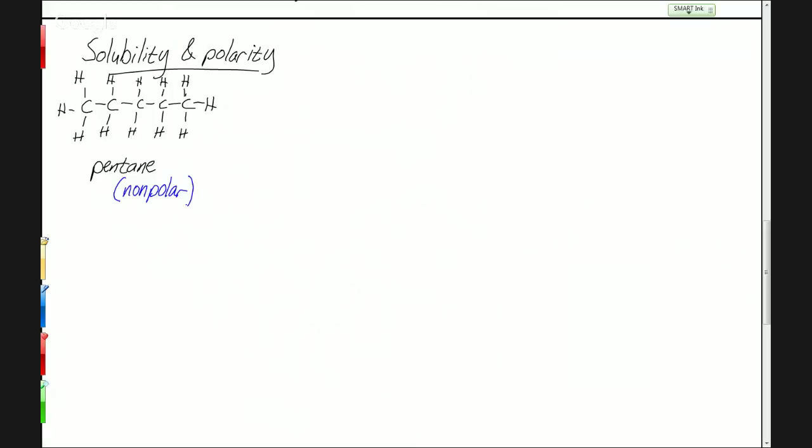Which means that a sample of pentane, a little beaker full of pentane, all the pentane molecules, it is a liquid, the pentane molecules are going to be stuck to each other with dispersion forces. So we might draw that, and they kind of have a zigzag shape like this. Something like that.